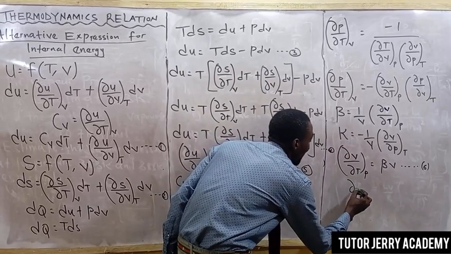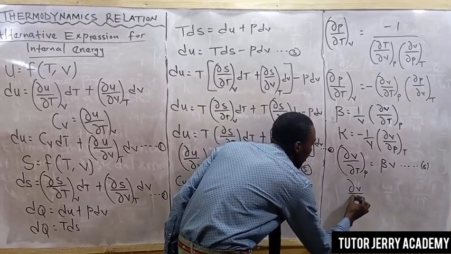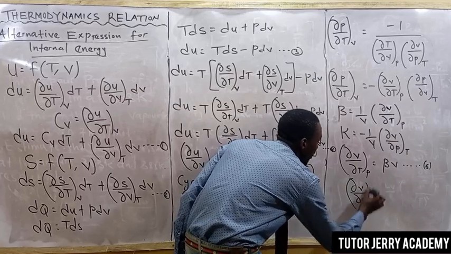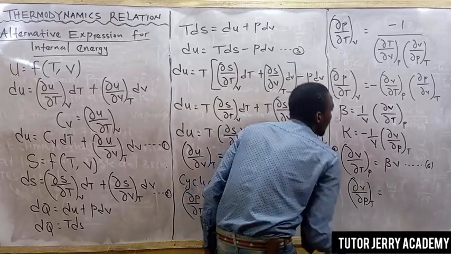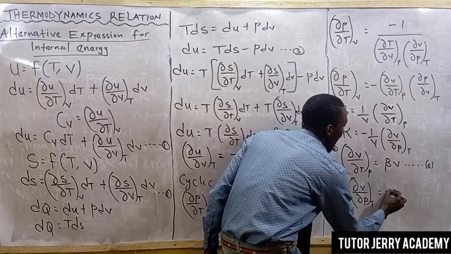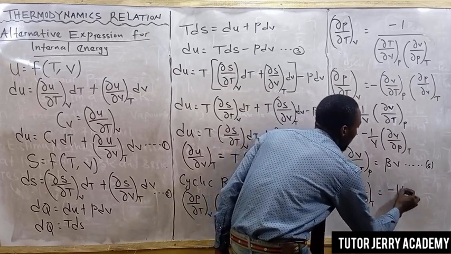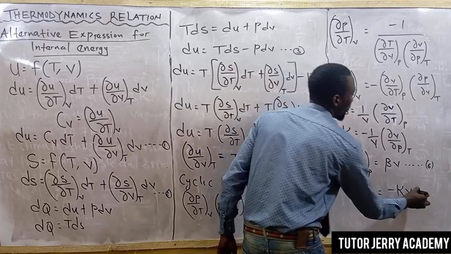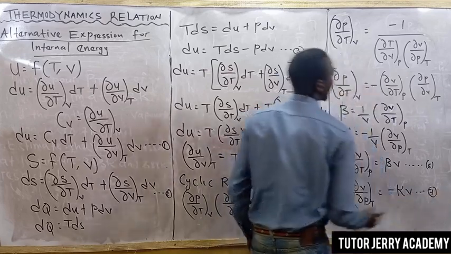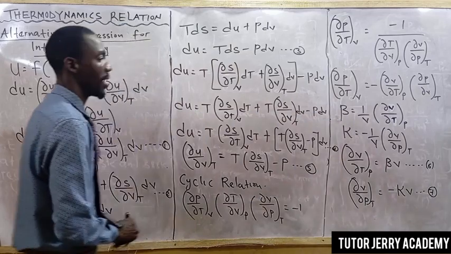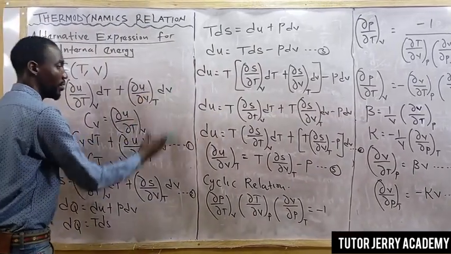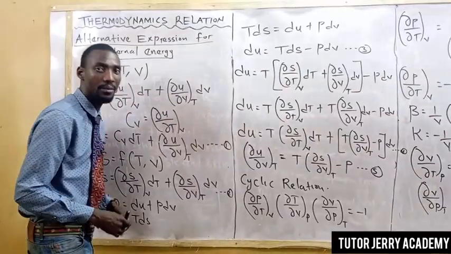We are going to have the partial derivative of V all over the partial derivative of P, keeping T constant, which is equals to minus k V. We call this equation 7. Equation 7. All right. So I'm going to clean up this part.